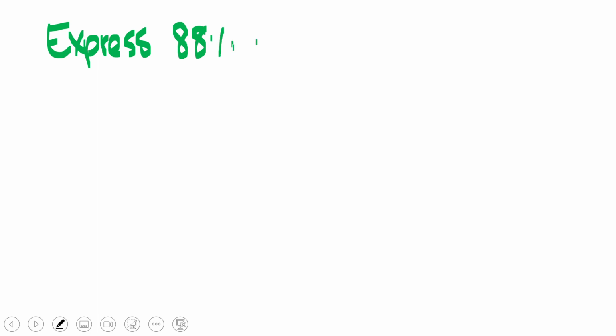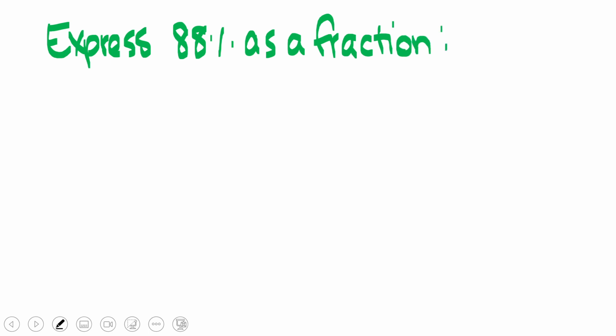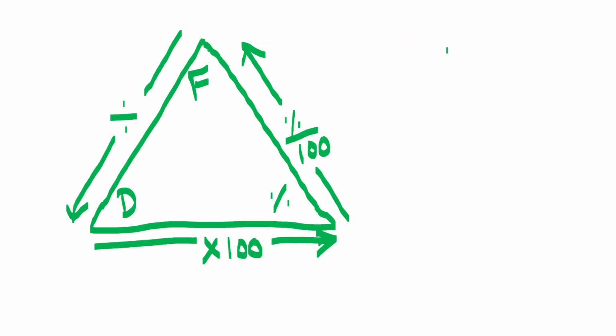Alright, percent is a ratio of a number to 100. So if we're asked to express 88% as a fraction, that's always in lowest terms. Then we go back to our flow chart and we say, oh, that's percentage over 100 to get from a percent to a fraction.